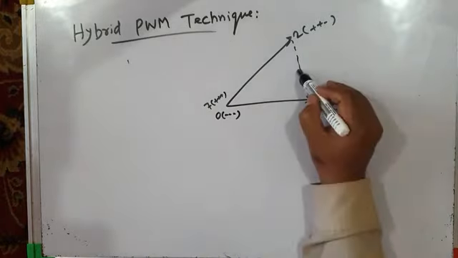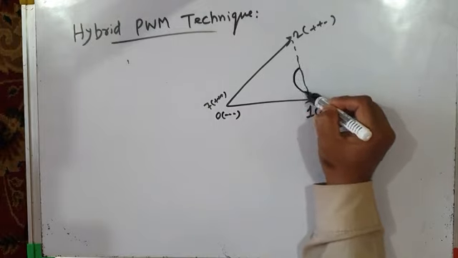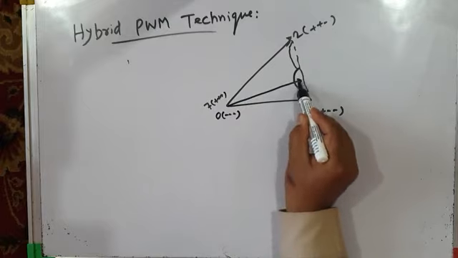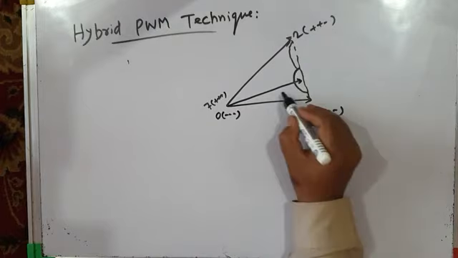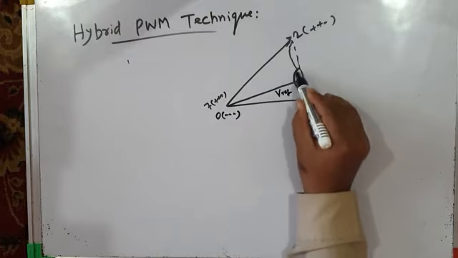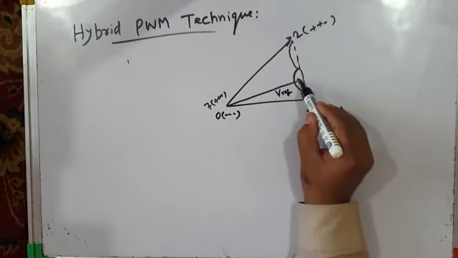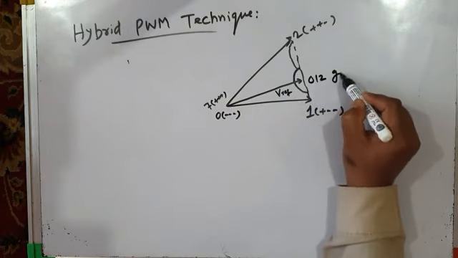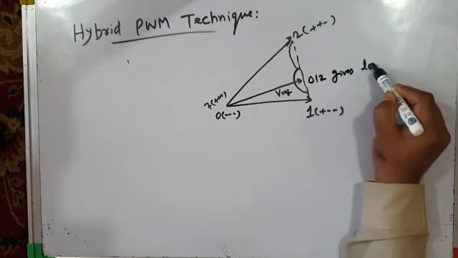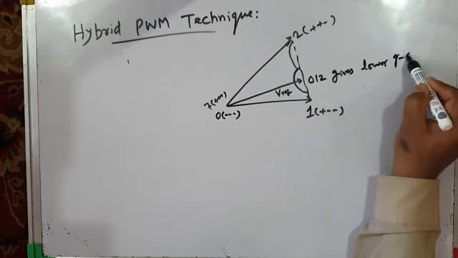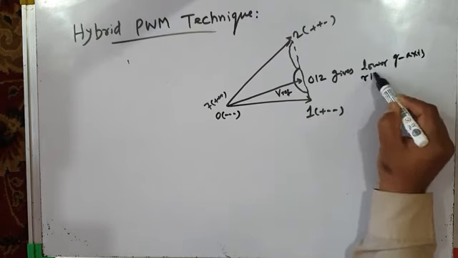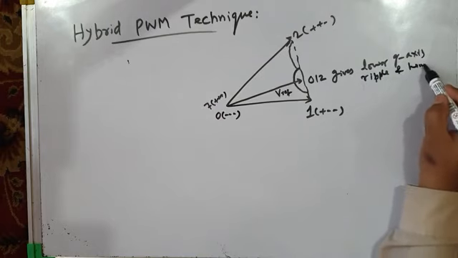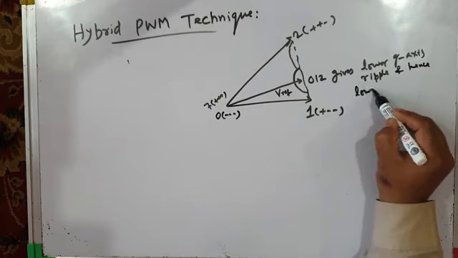Now it is found that if your reference vector is within this range, यहाँ से यहाँ तक, here 012 switching sequence gives lower Q-axis ripple and hence lower torque ripple.